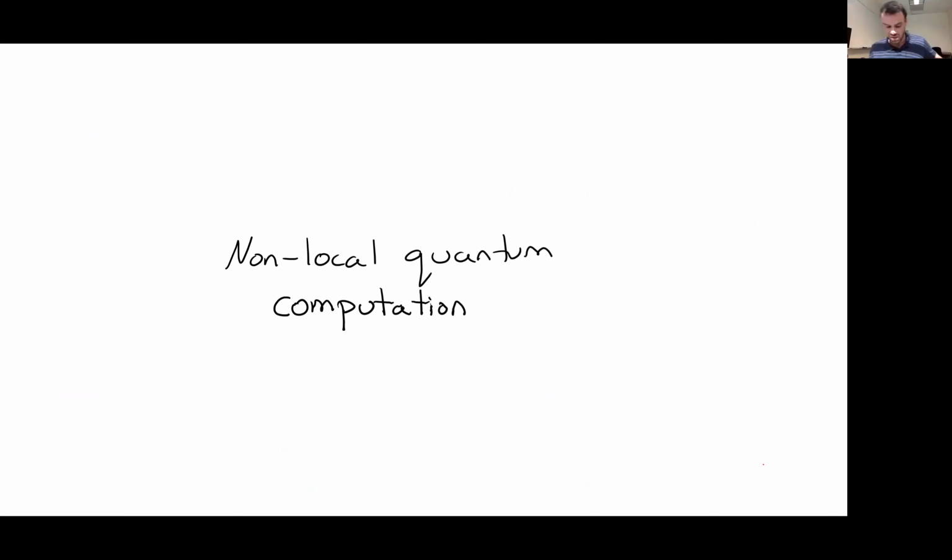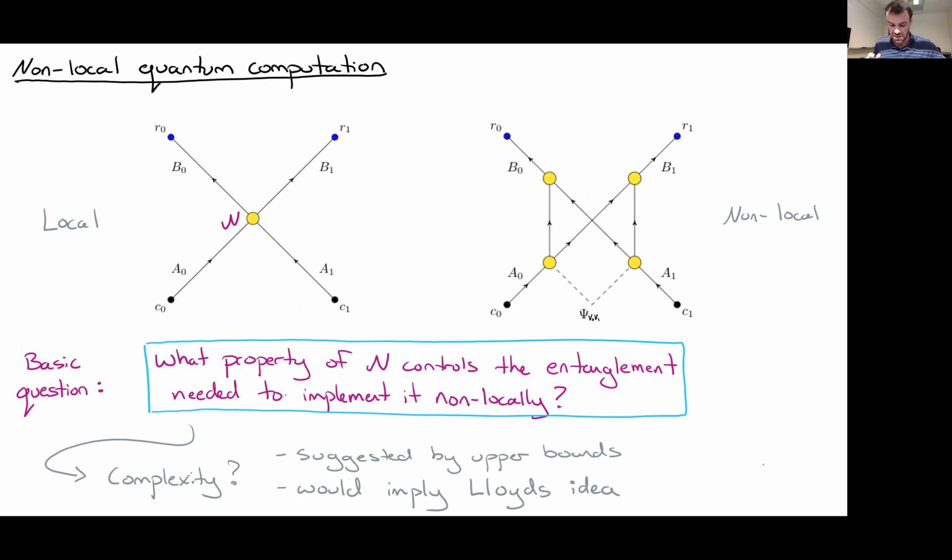All right, so now I want to think more about this idea of non-local quantum computation, and in particular try to understand how much entanglement is required to do them. Let me recap what the question is here. We're thinking about computation from two different perspectives, either this local perspective as it happens in the bulk, or this non-local perspective.